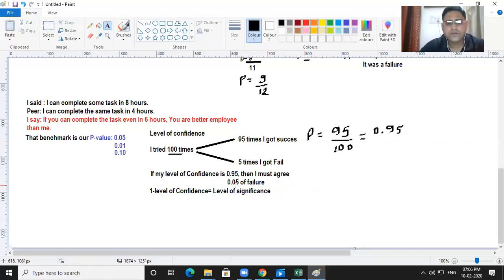So that 0.05 is my level of significance.